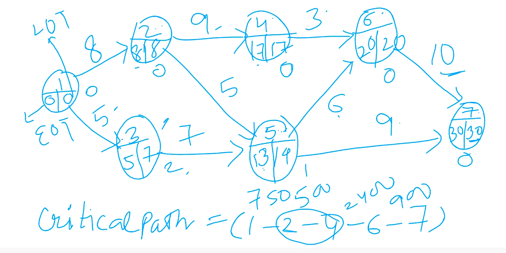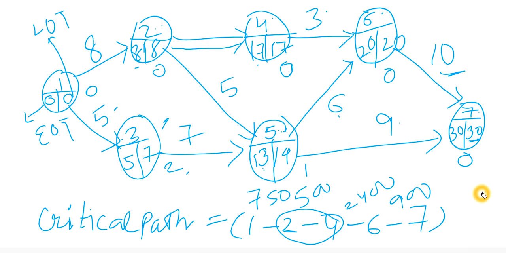So crashing, what does crashing mean? Crashing means I'm going to change the normal time to crash time. So what I have done is I have doubled this line. The double line is a symbol that I have crashed this activity, and instead of 9 I will write its crash time.